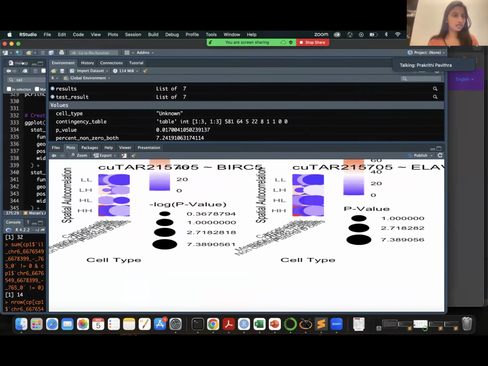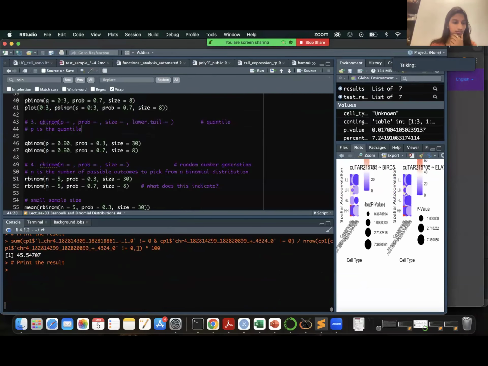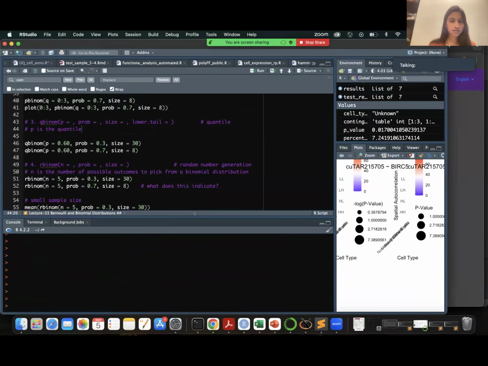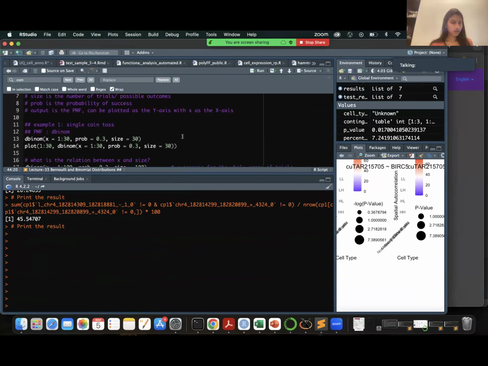So yeah, in this R session, we'll look at how we can visualize these different distributions.